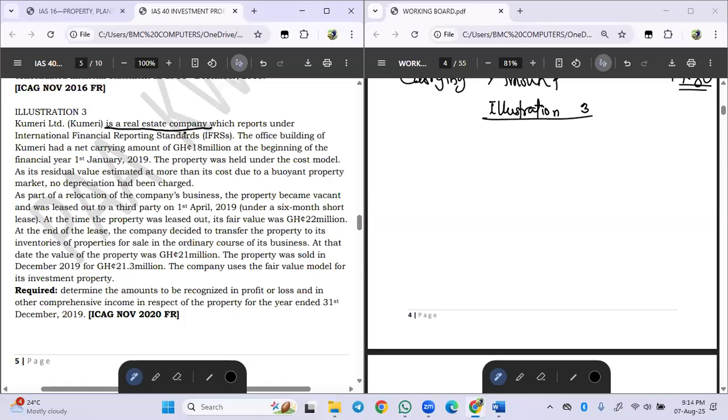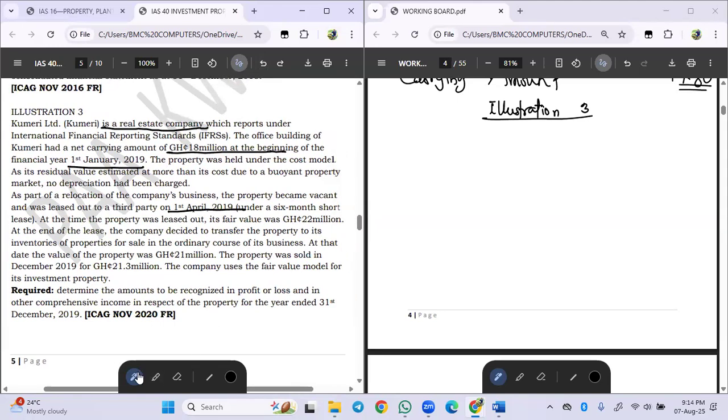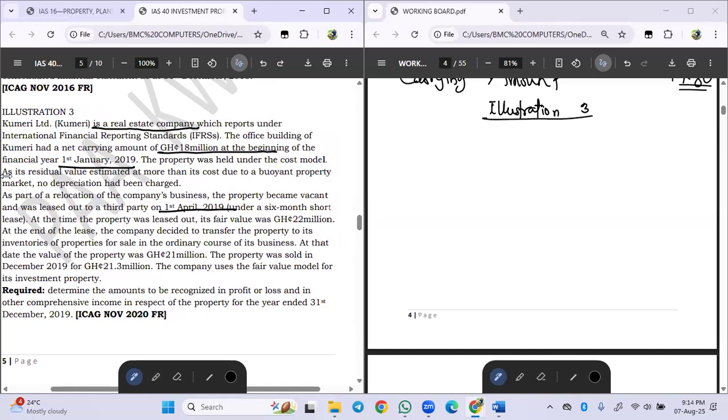At the end of the lease, the company decided to transfer the property to its inventories of property for sale in the ordinary course of its business. At that date, the value of the property was 21 million cedis.